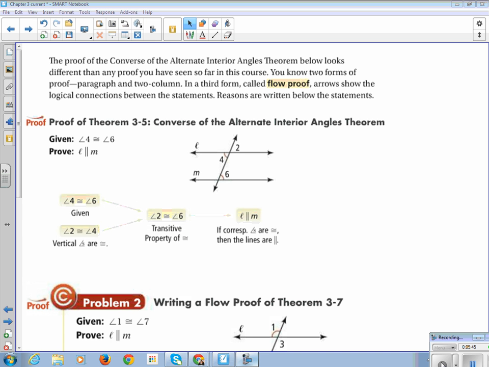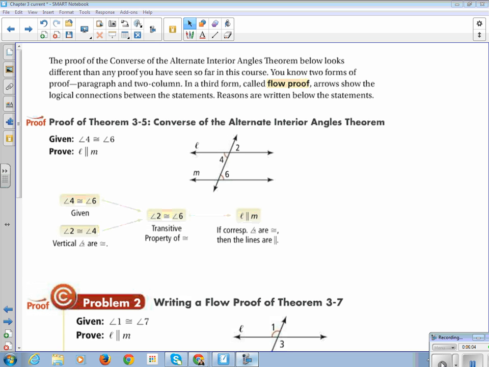You know, two forms of proofs. We've done paragraph proofs and two-column proofs. We started out with two-column proofs where you have a statement and a reason, and usually we start out with our given. Paragraph proofs, it's just converting the statement and the reason into sentences.